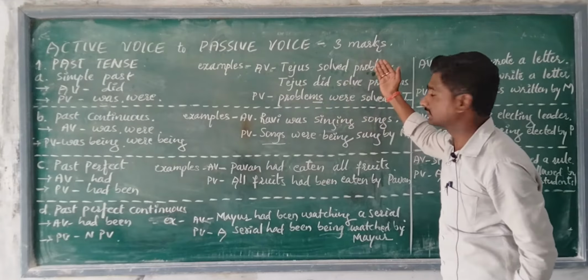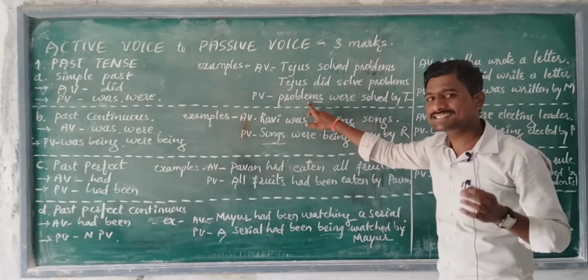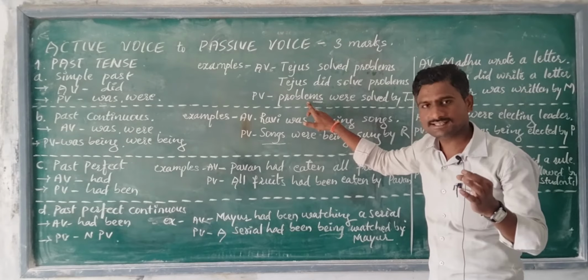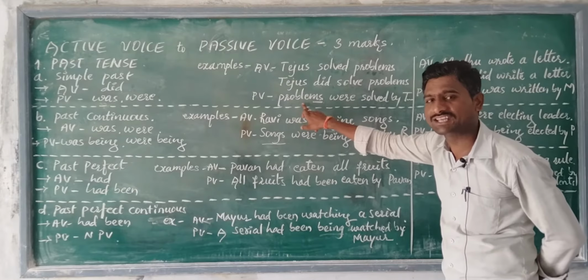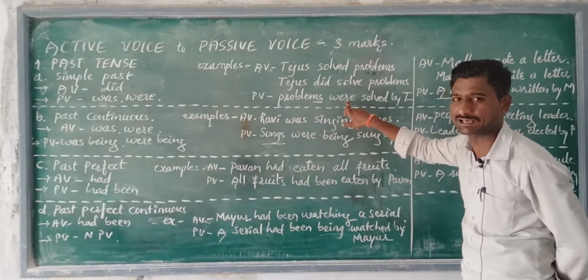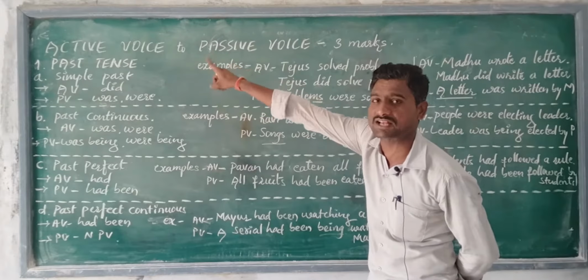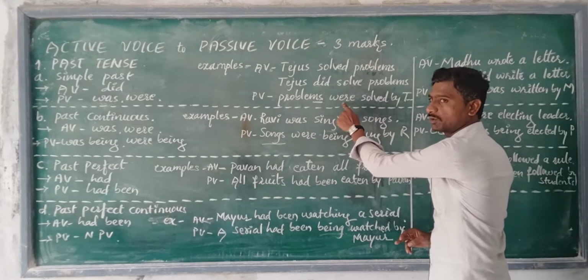Problems comes here as the subject, and is it singular or plural? It is plural. So when we use the plural form of a noun, after it we should use the were helping verb in simple past tense. Remember, why should I use the were helping verb here?